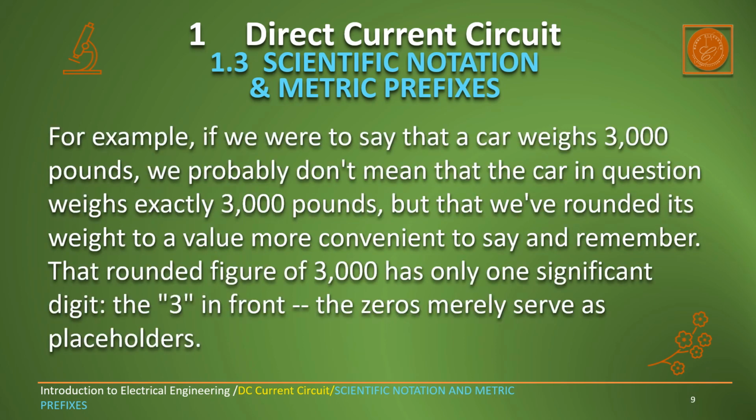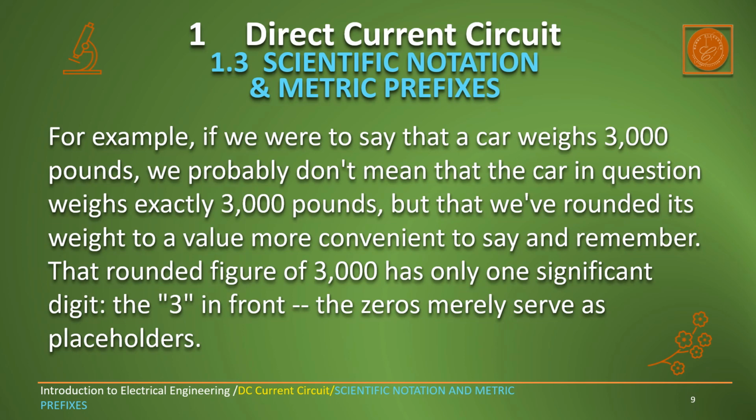For example, if we were to say that a car weighs 3,000 pounds, we probably don't mean that the car in question weighs exactly 3,000 pounds, but that we have rounded its weight to a value more convenient to say and remember.